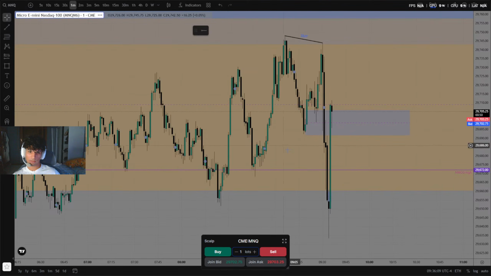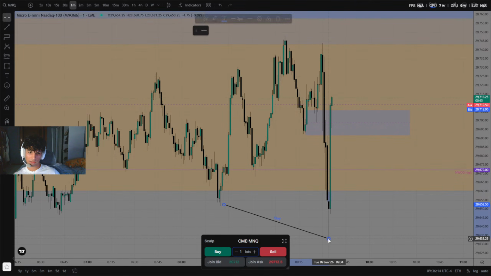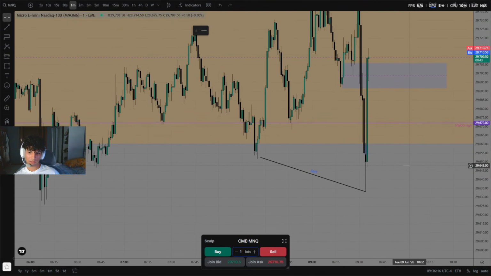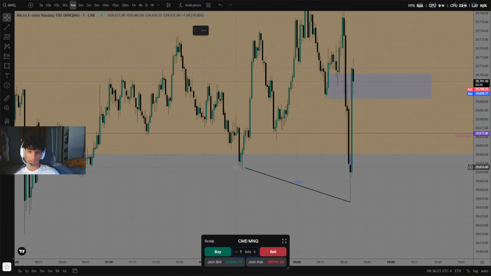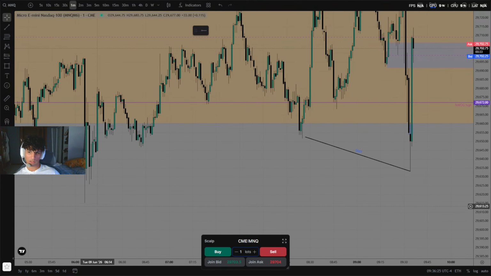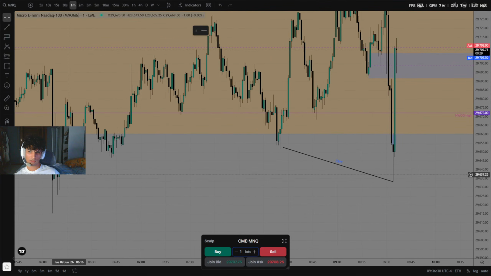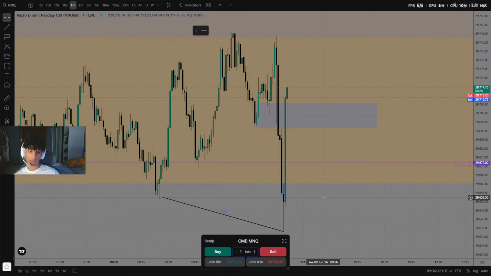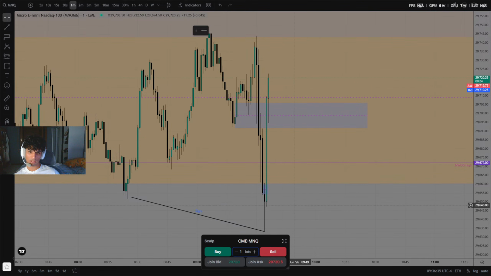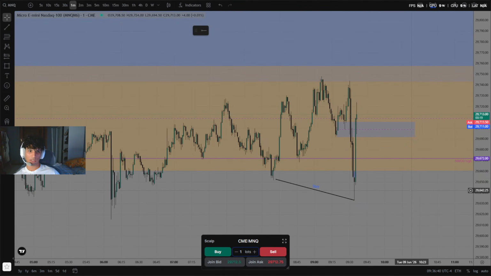So we have SMT right here, not there. This is the pre-market low that has been taken. We have this one right here, but I doubt it because he took this sell side liquidity. So now I think we have a very good chance to long. But I want to see a body closer above this one.